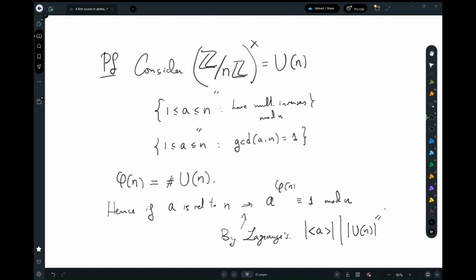The order of the group is phi of n, and if the order of A divides phi of n, then A to the phi of n is also 1, and that proves Euler's theorem.